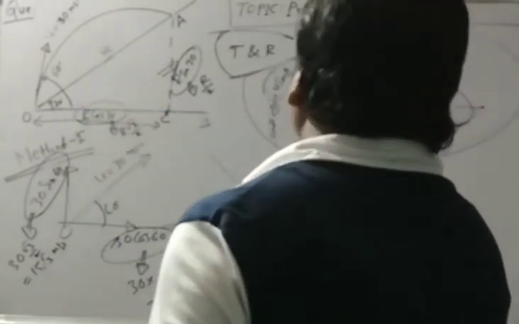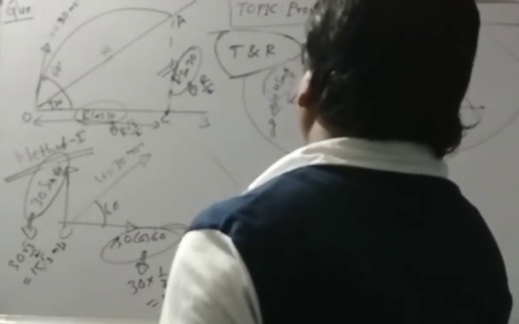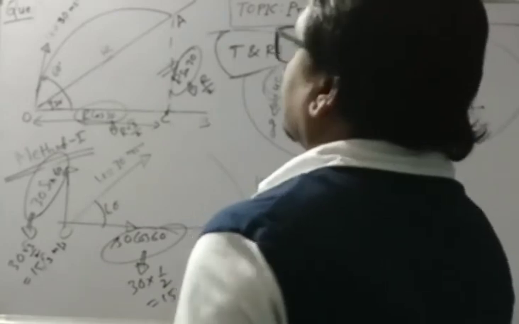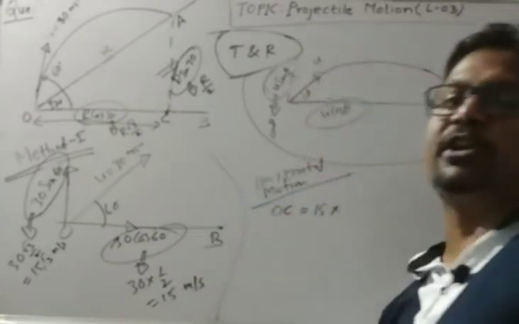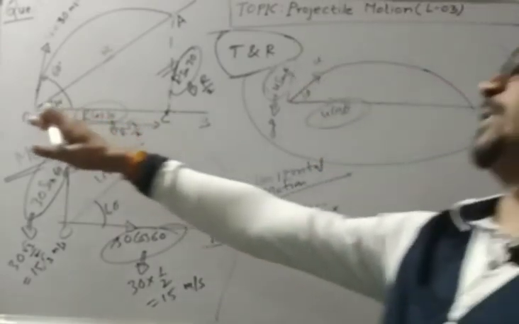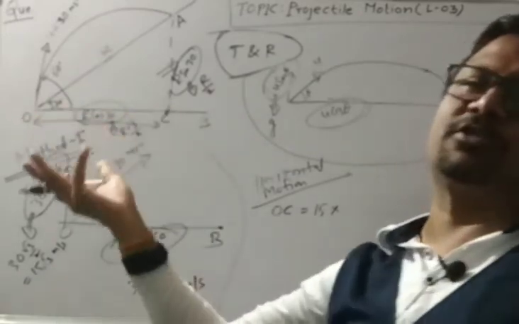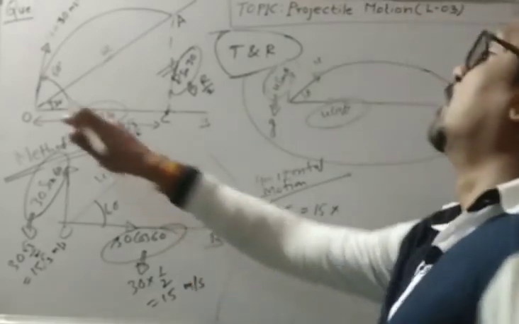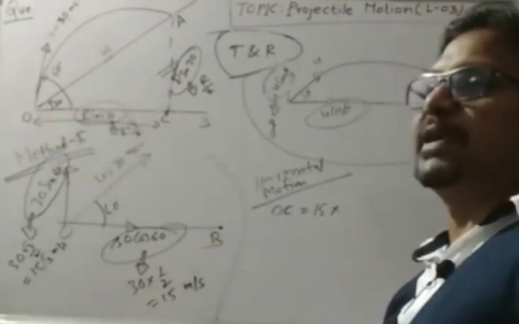So what about this? You can write OC, this horizontal distance, as horizontal velocity, that is 15, into time. Speed or velocity into time will give you this displacement or distance. Here OC is distance and displacement also. You can use either word, OC is a distance or OC is a displacement.